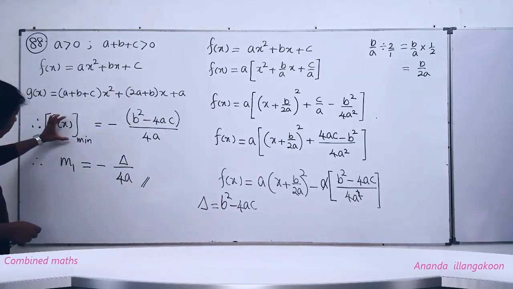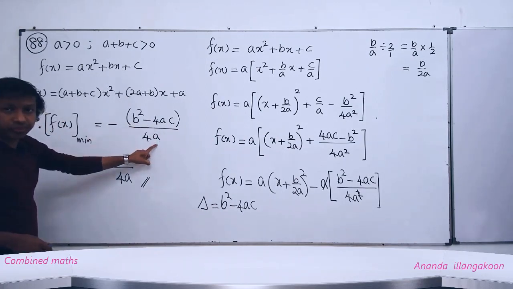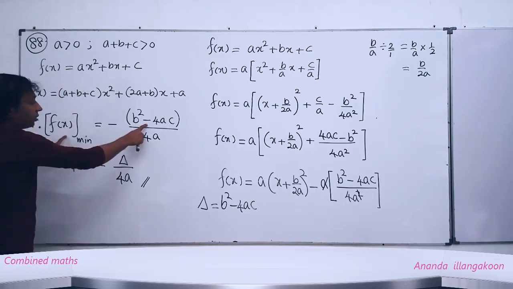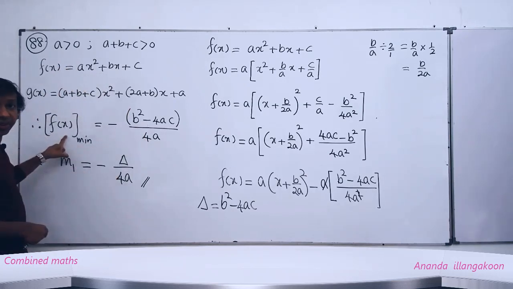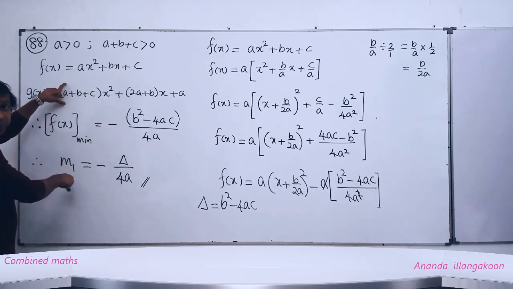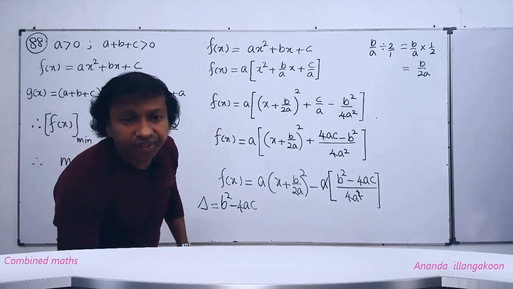The minimum value of f(x) is m1, given by this. If f(x) is this, its minimum value is this. Then g(x) is this. By following this result, write down the minimum value m2 for this g(x). I think you can do this. Take 5 minutes.